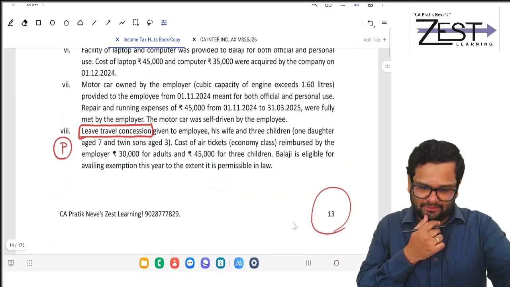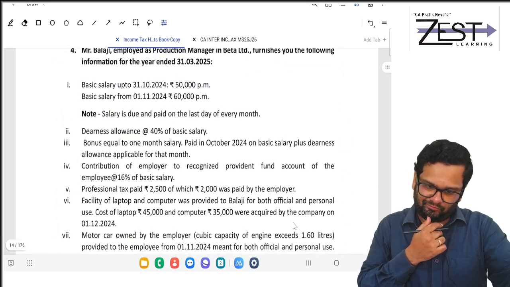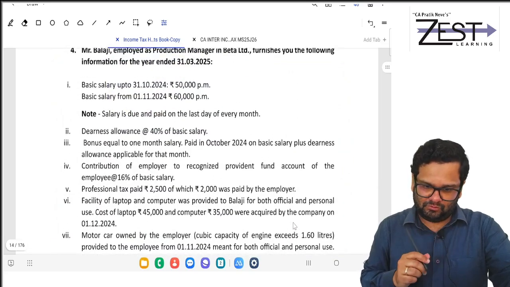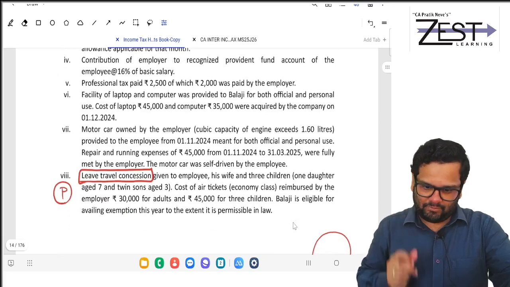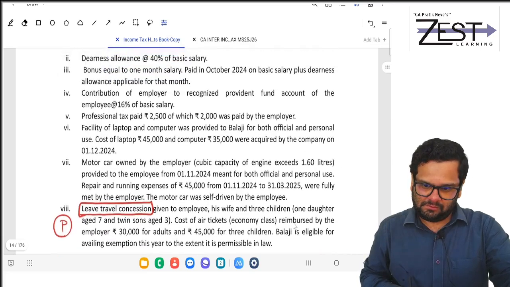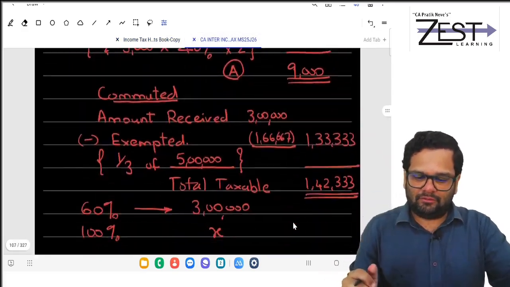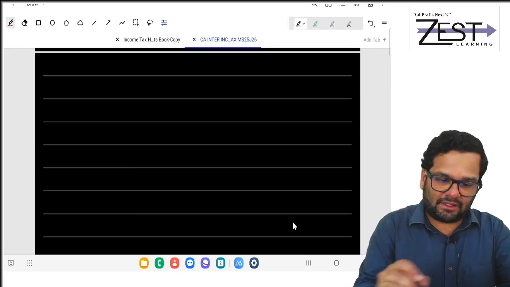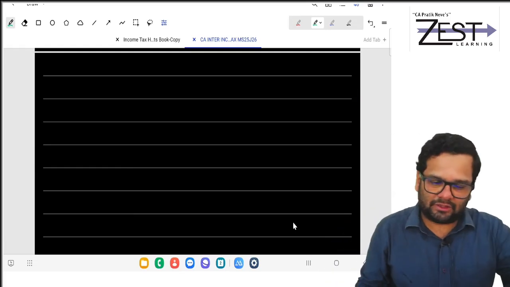Or do one thing, solve the fourth question. Pay attention. Give the heading leave travel concession. We'll do that concept, then we can solve that fourth question.